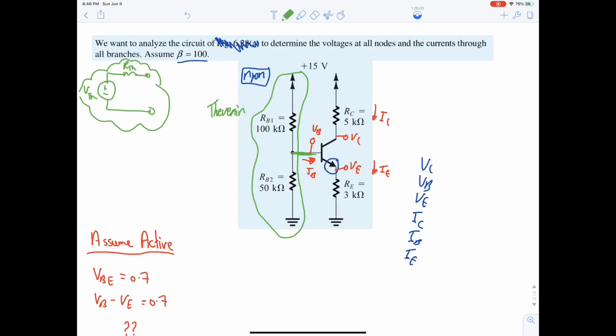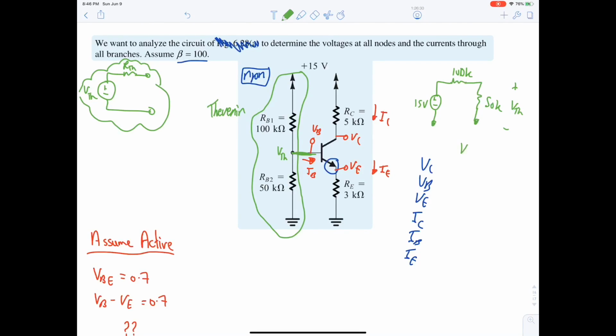How do we do it? It's very simple actually. You always do the same thing. For VThevenin, this is 15 volt, and you have two resistors, 100K and 50K, and VThevenin is in the middle and it's on 50K.